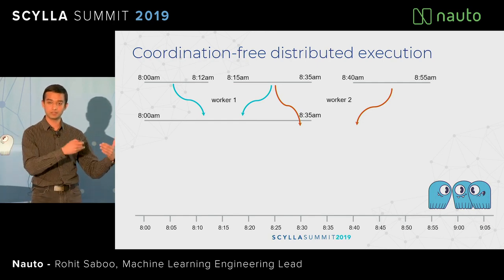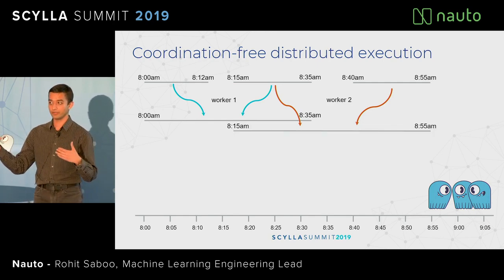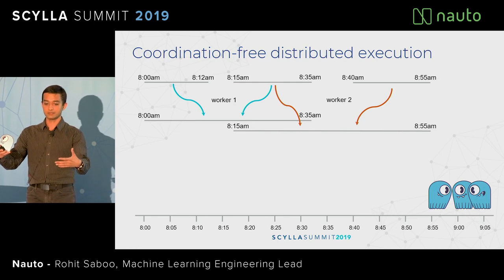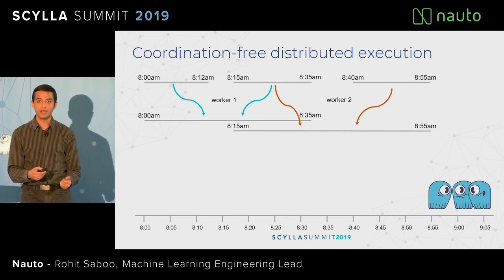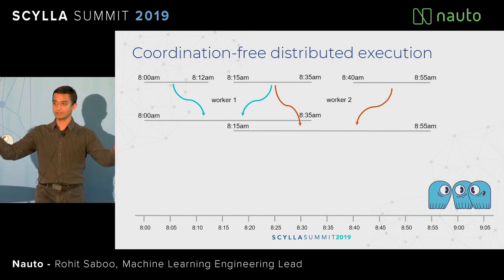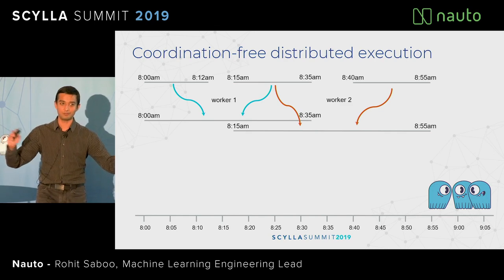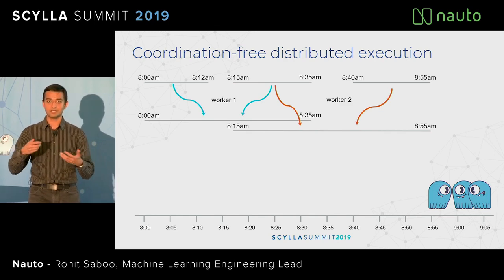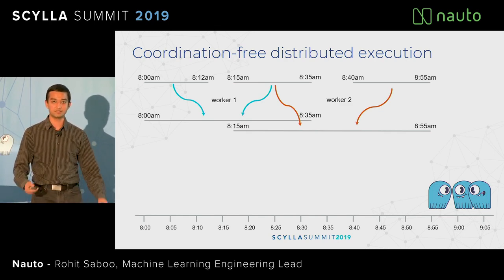Worker 2 merges trip 2 and trip 3, generates a merged version of that, saves it down to the database. Now, if you look in the database, currently you have a lot of duplicate stuff. In some cases, you would say this is a lot of inconsistency.